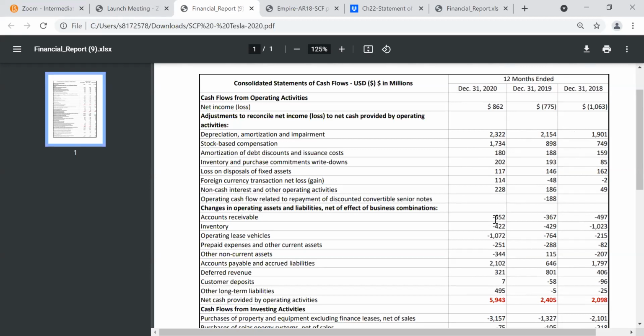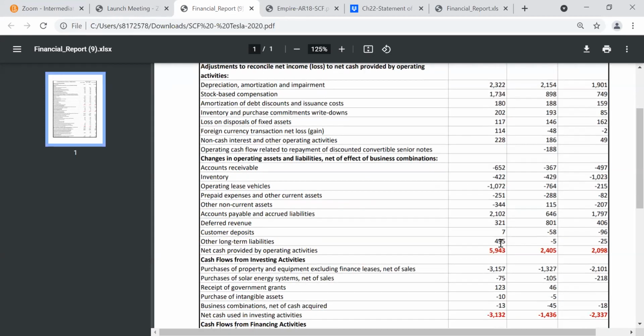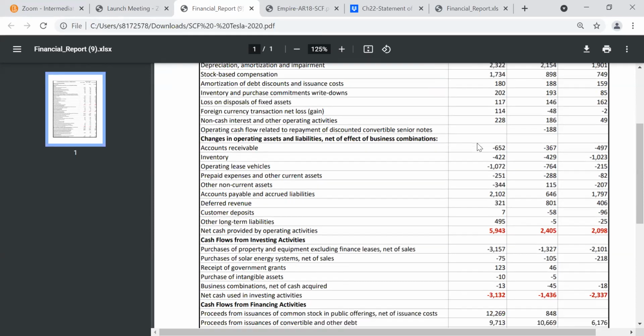And the cash from operating activity is significantly higher than net income. Because the company grows fast, its working capital can also increase quite a bit. But as I said, the main difference is those non-cash items.